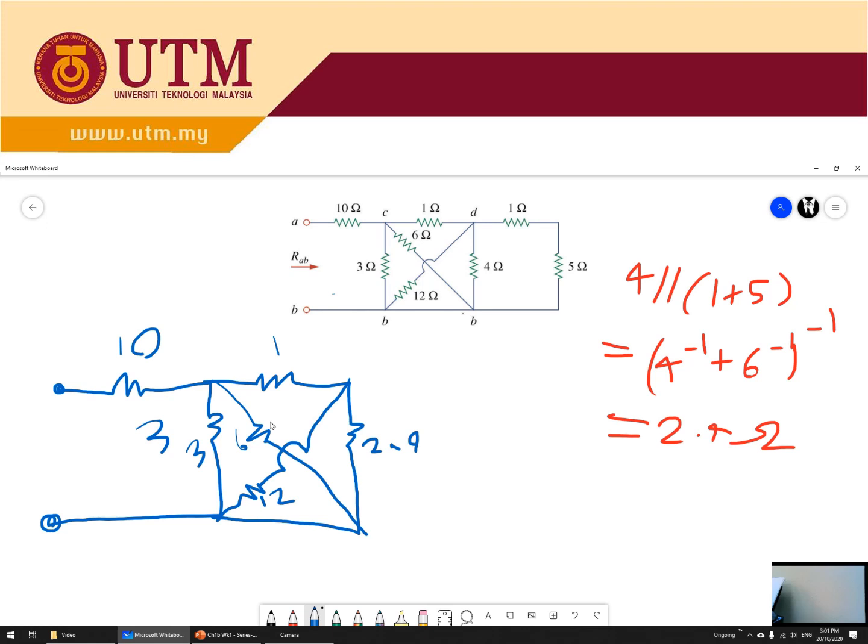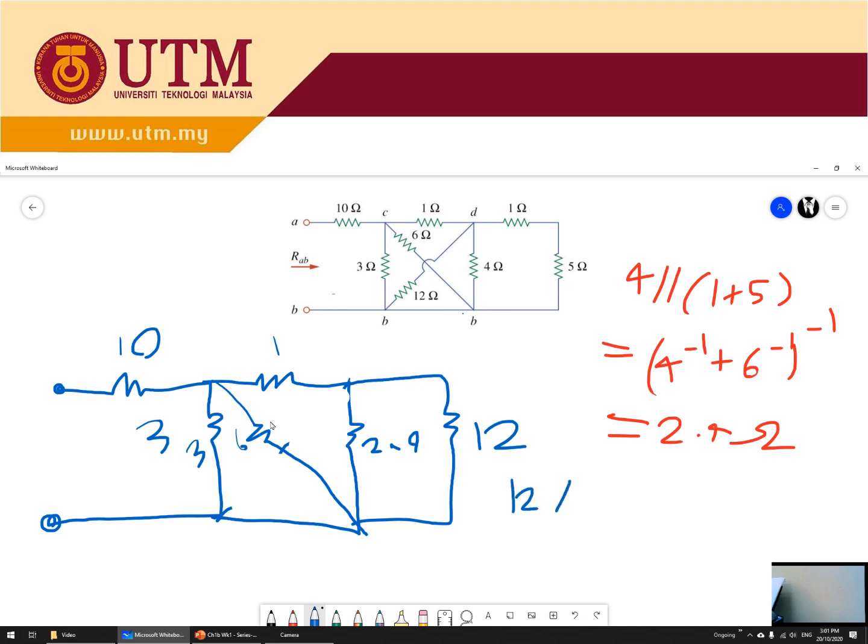So basically, this one, because it's the same node, you can move this outside here. Instead of just crossing it, you can redraw this again to become like this. So this one and this one are now in parallel.